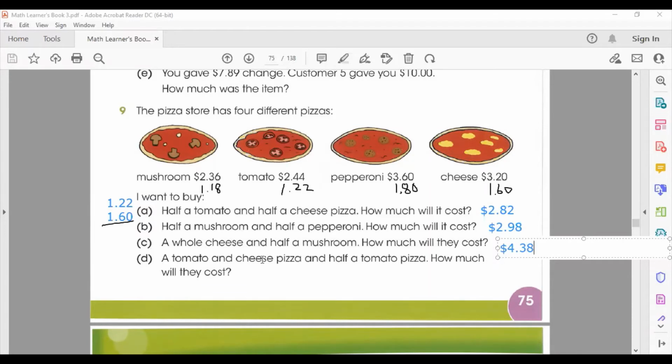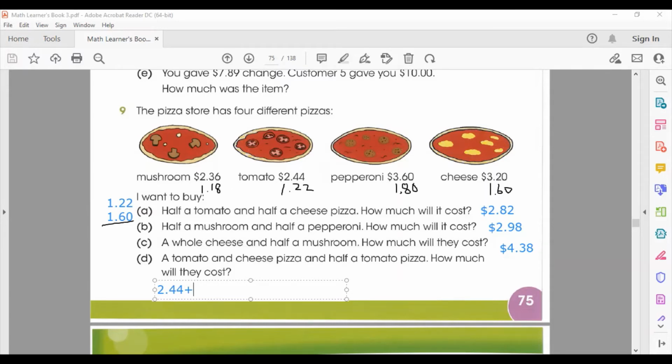A tomato pizza, a cheese pizza, and half a tomato pizza. Let us start. A tomato pizza price is $2.36, plus cheese pizza.